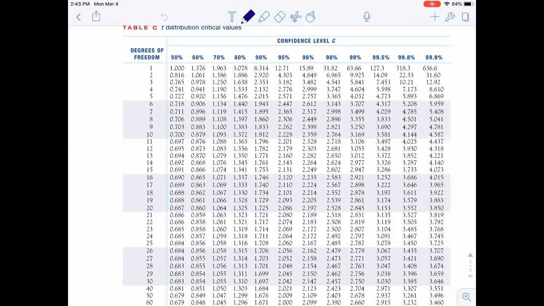Then you take your t, and I just imagine grabbing it from my calculations above in step 2, and then I have to figure out which values. So let's say I have 15 degrees of freedom, so a sample size of 16, and let's say I've calculated a t of 2, just flat 2, 2.000.